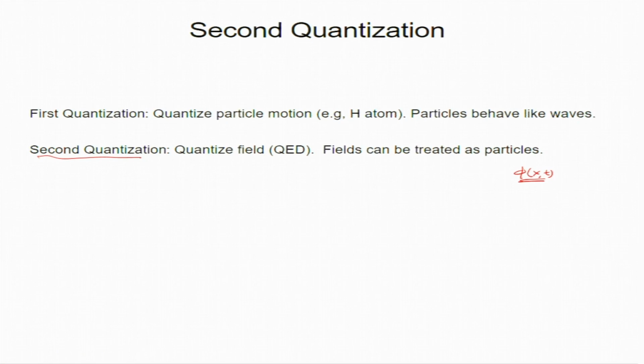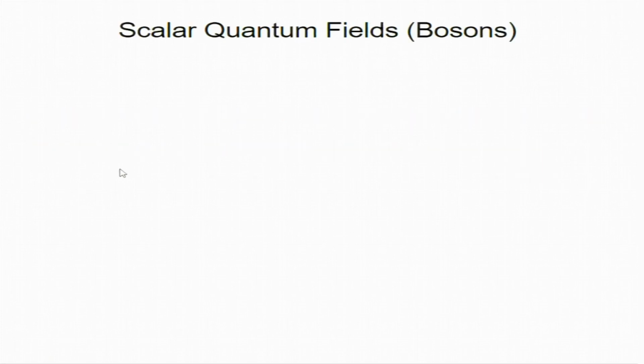The field could be the Schrodinger wave function itself, which we need to quantize. Many fields, like the phi squared field which I wrote a few slides back, we can quantize as well. In fact, we will quantize that field. So, here we have two types of particles, bosons and fermions.